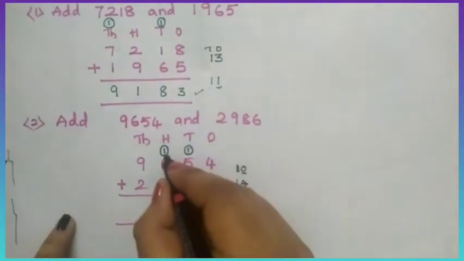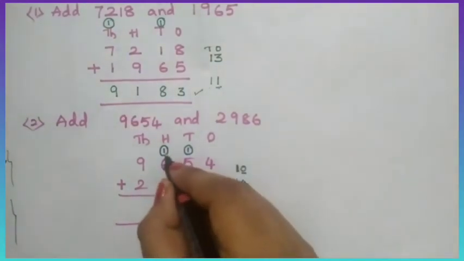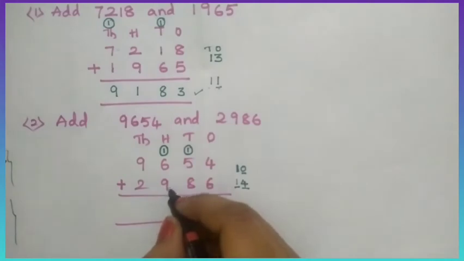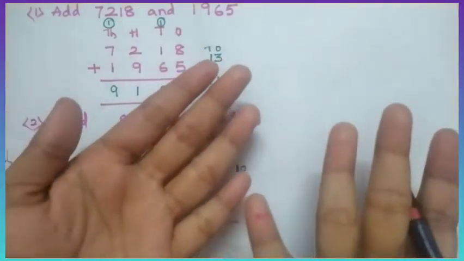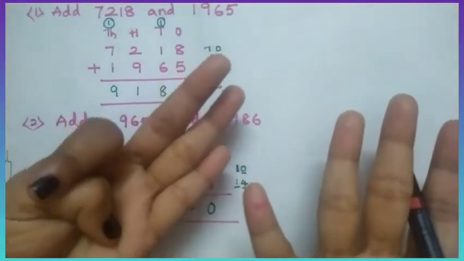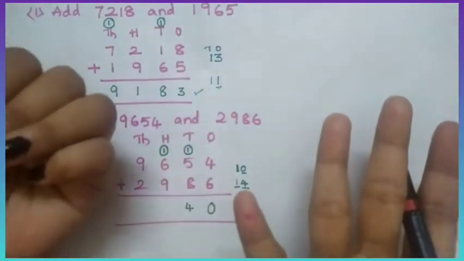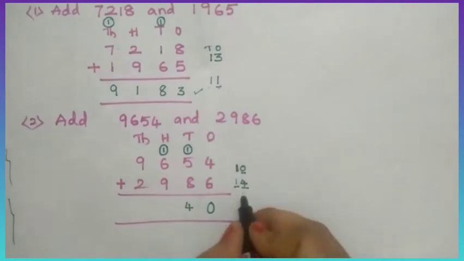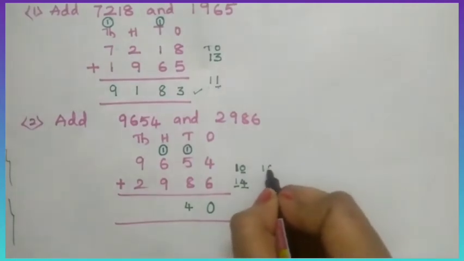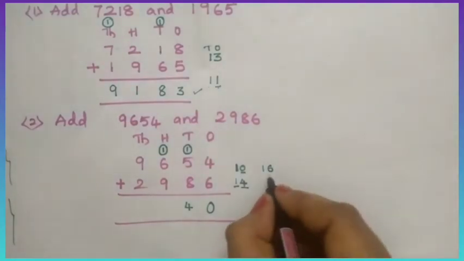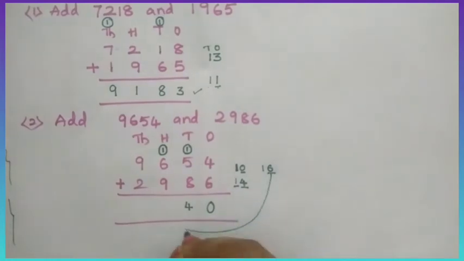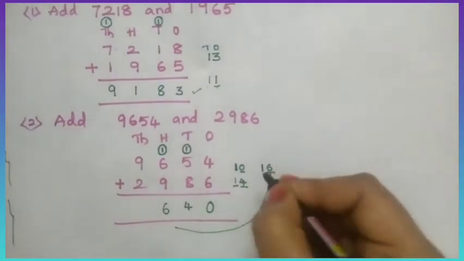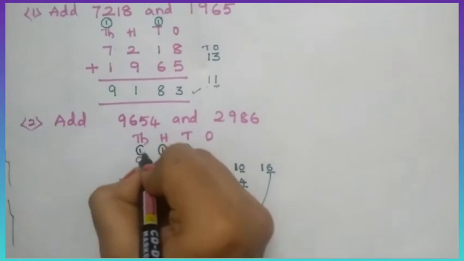Now 6 plus 1, 7. 7 plus 9. Take your 9 fingers. 7, 8, 9, 10, 11, 12, 13, 14, 15, 16. So 16 is also a 2-digit number. So the digit in the ones place is written here and the tens digit is taken as carry.